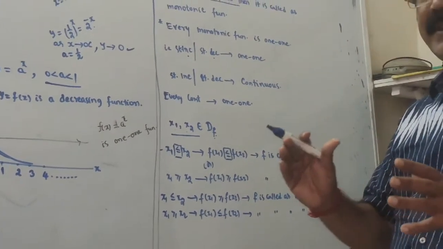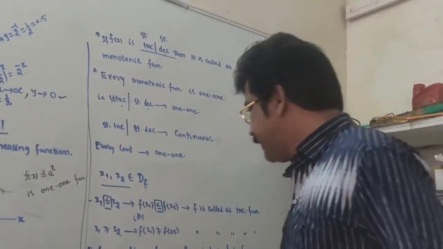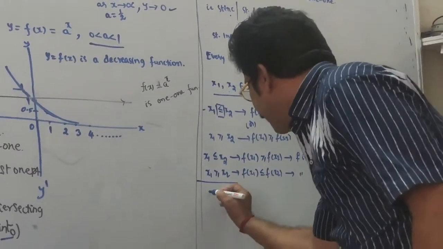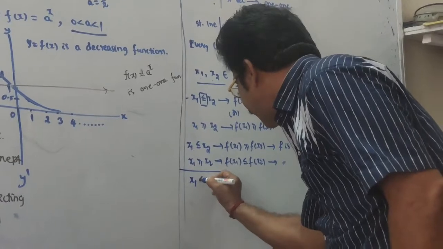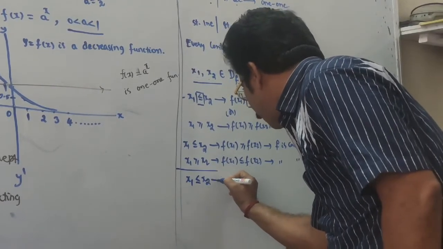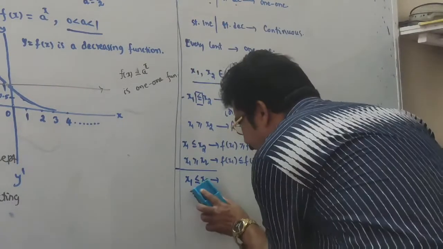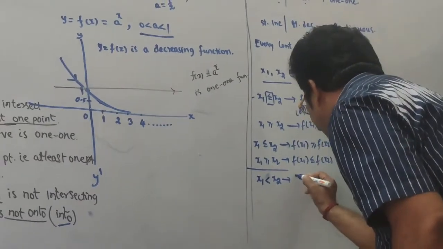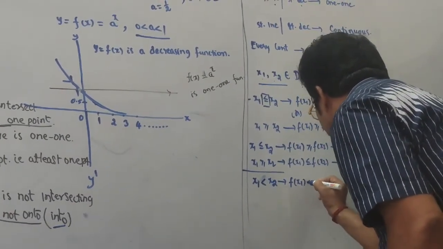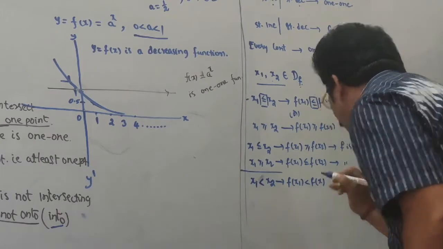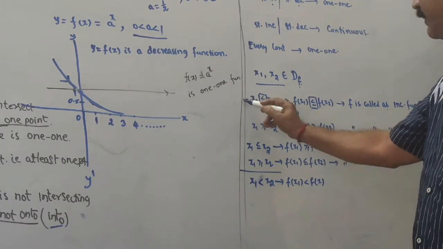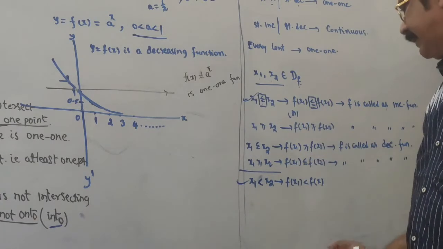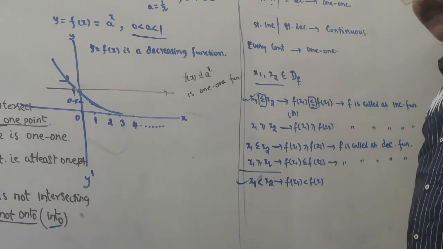Next, strictly increasing and strictly decreasing. Strictly increasing means, look at the board: x1 less than x2, don't take the equal-to case, implies f of x1 less than f of x2. So what is the difference between these two statements? Here we are considering equality, here we are not considering the equality.